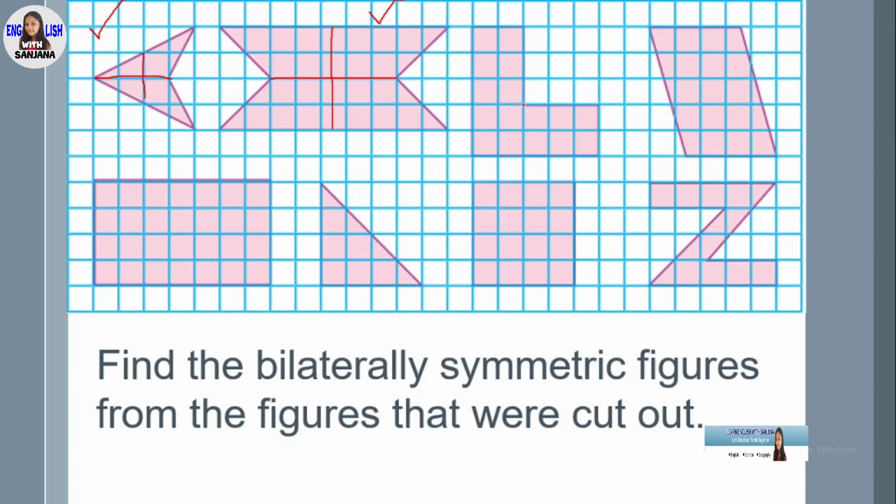When we draw a straight line segment from this point to this point, then the two parts coincide. What about this one, friends? Is it a symmetric figure? No, it is not. If we draw a straight line segment from this point to this point, will the two parts coincide? No, they won't. So it is not a bilateral symmetric figure.